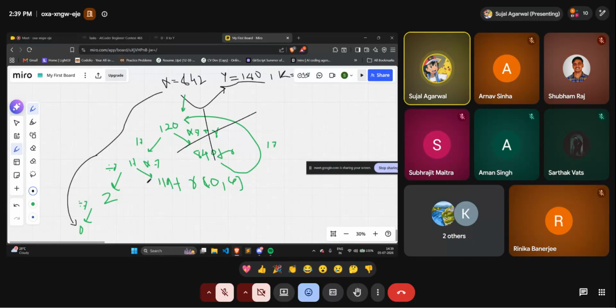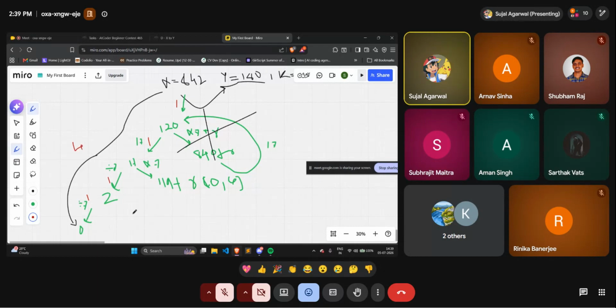Let me take up an example. The number of operations taken by us to convert this number to 0 was like this: this took one operation, this again took one operation, this again one operation, this again one operation. So there were four operations required.